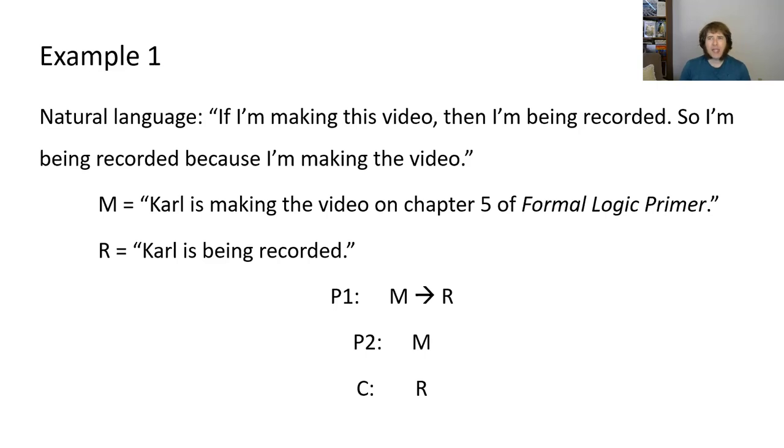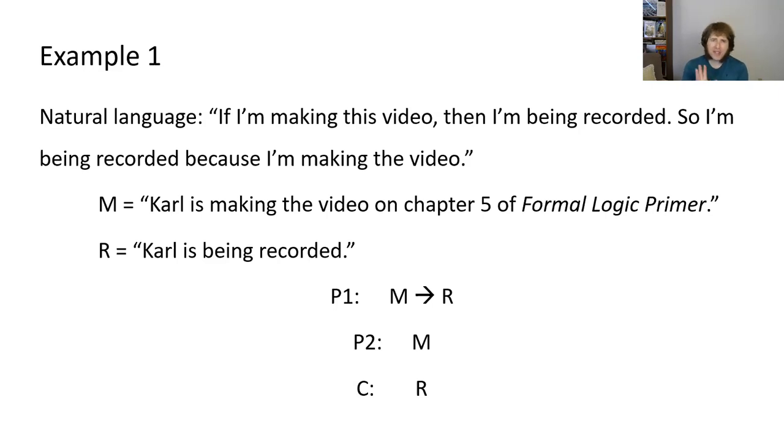Now, if you look at the natural language version, really the first sentence represents our first premise, if M, then R. The second sentence, though, doesn't represent the order of what we see. In the second sentence, if we're just trying to understand it in terms of statements, what we actually have there is "so I'm being recorded." It's really "so R," right? So conclusion, Carl is being recorded because Carl is making the video on Chapter 5 of Formal Logic Primer.